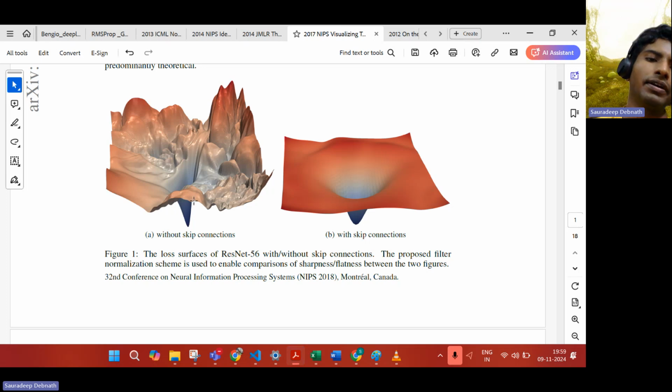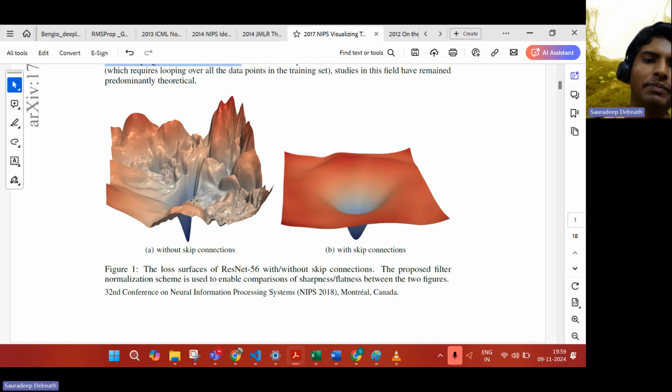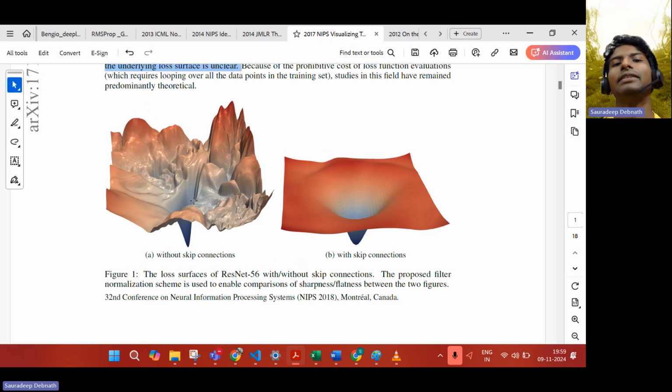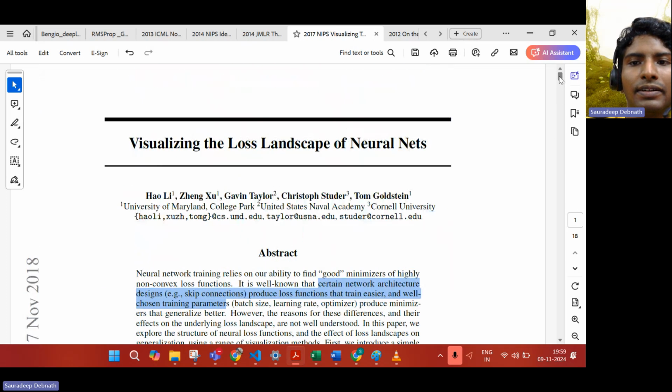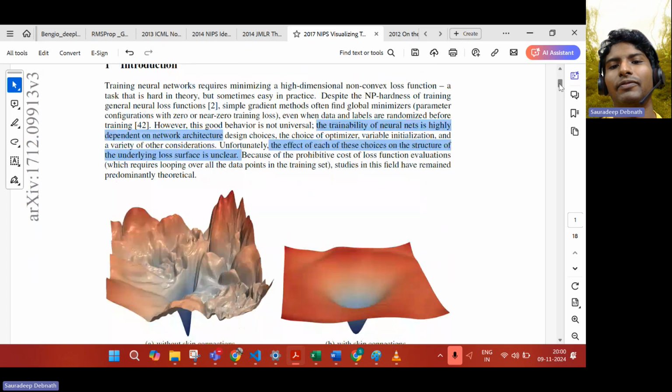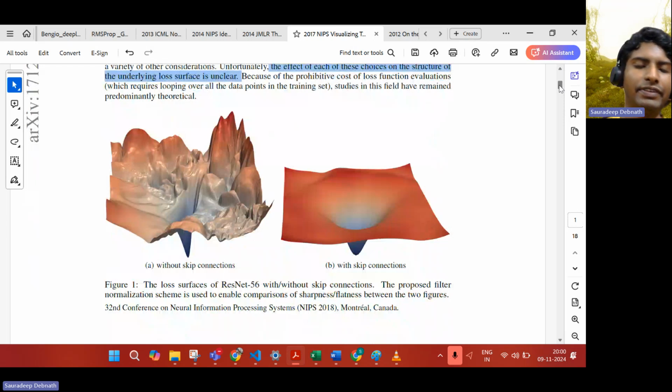The loss function depends on a lot of different things, including the architecture. For example, in this very awesome paper from NeurIPS 2017, they list a lot of different observations about the loss landscape. Firstly, it depends on the architecture.